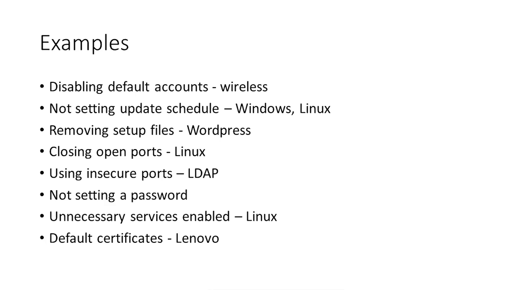Not setting a password is another thing. So anonymous access from an FTP server, for example. Or what about unnecessary services being enabled? Do you want Bluetooth on a server in Linux or even in Windows? Yes, it's probably there, but that opens up a hole for somebody to break into.